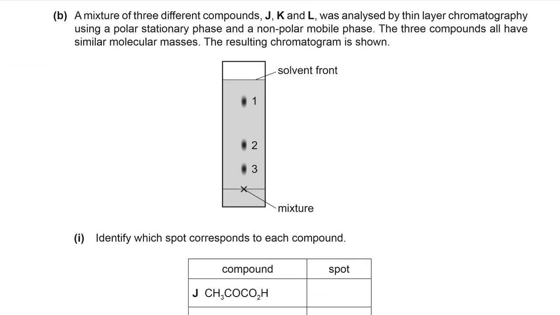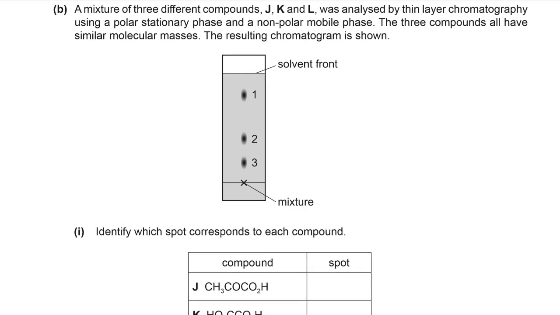And this is about chromatography, TLC, thin layer chromatography. A mixture of 3 different compounds, J, K, and L, was analyzed by thin layer chromatography, TLC, using a polar stationary phase.